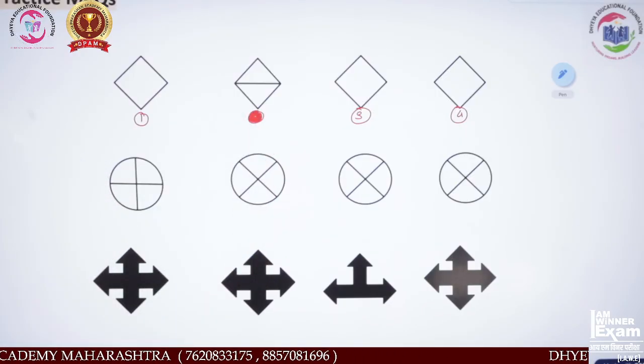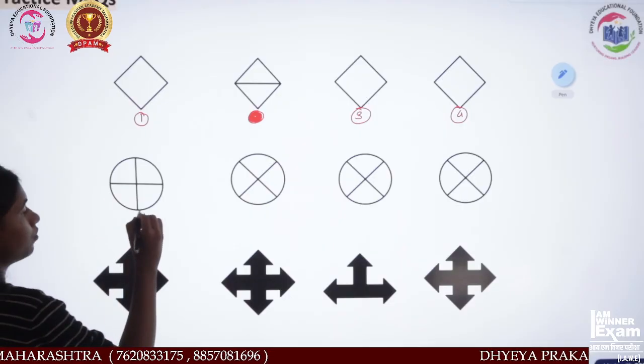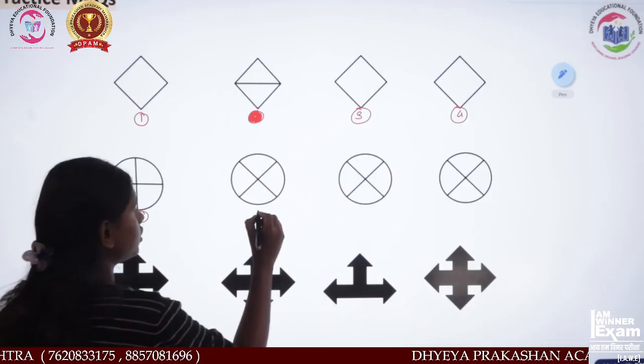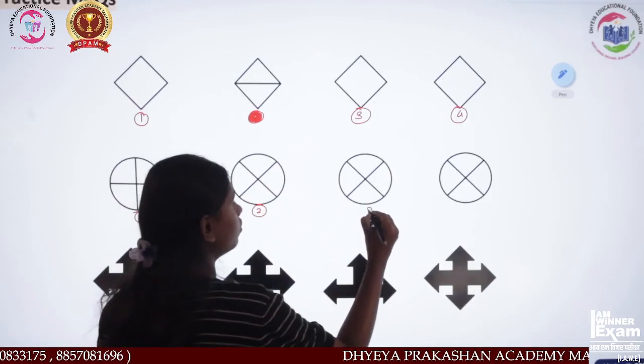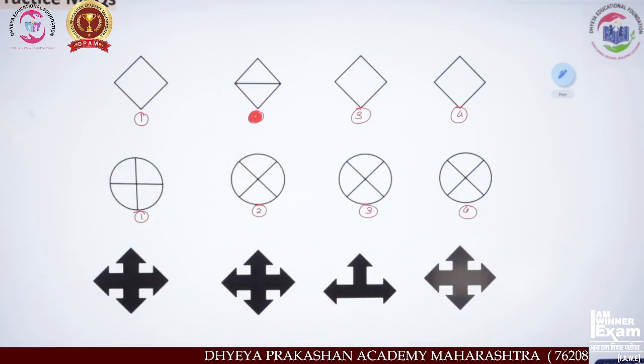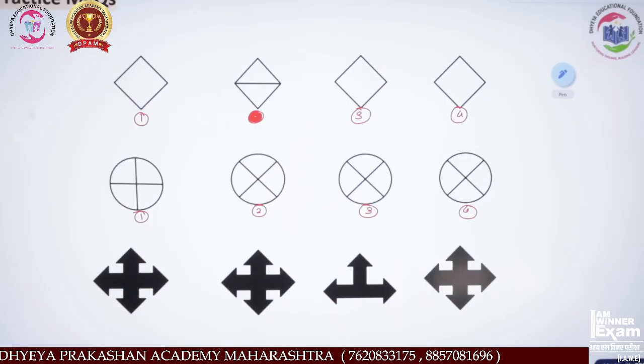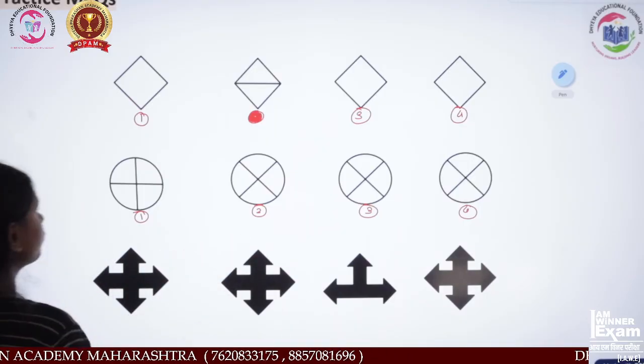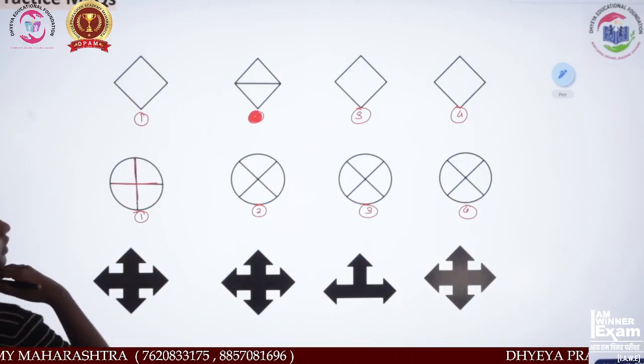Okay, then next, this is your first figure, this is your second figure, this is your third figure, and this is your fourth figure. Now which figure is different here? If you look at all the figures, this is the plus sign.